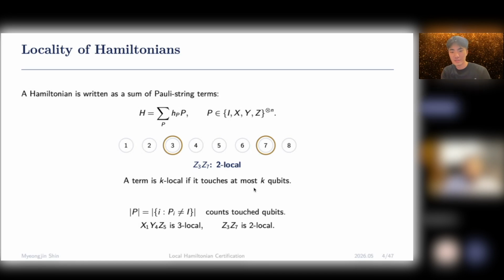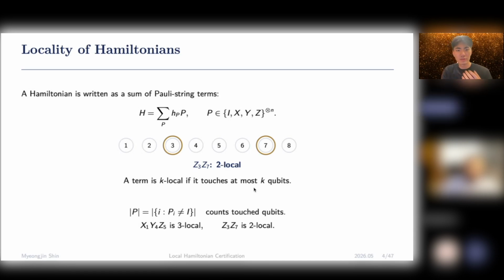Another example is X1 Y4 Z5, which means that X is applied on qubit 1, Y is applied on qubit 4, and Z is applied on qubit 5. This is 3-local. So we define the locality of the Hamiltonian as the maximum locality of its Pauli terms.